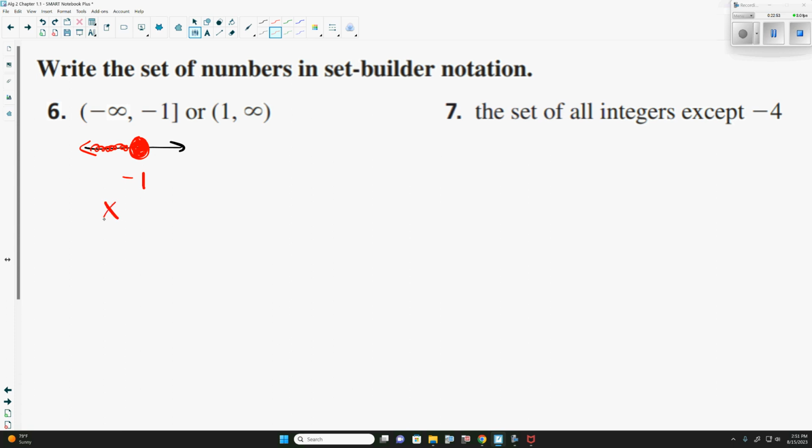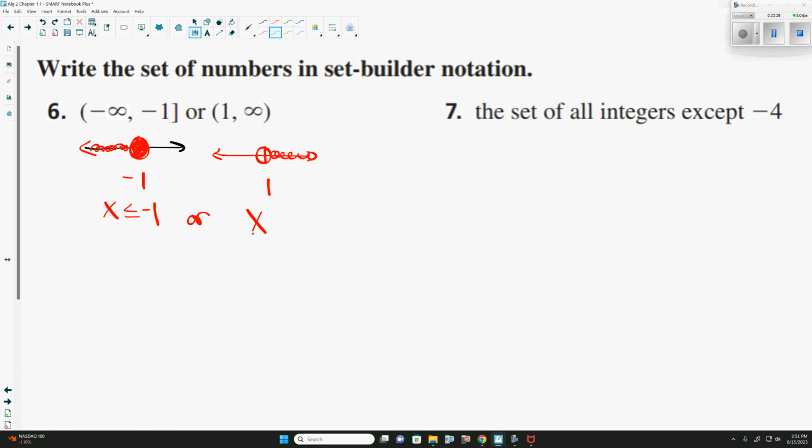And as an inequality, we would say x is less than or equal to -1, because at -1 we have the bracket. Bracket is equal to. The other one would be open and shaded to the right.